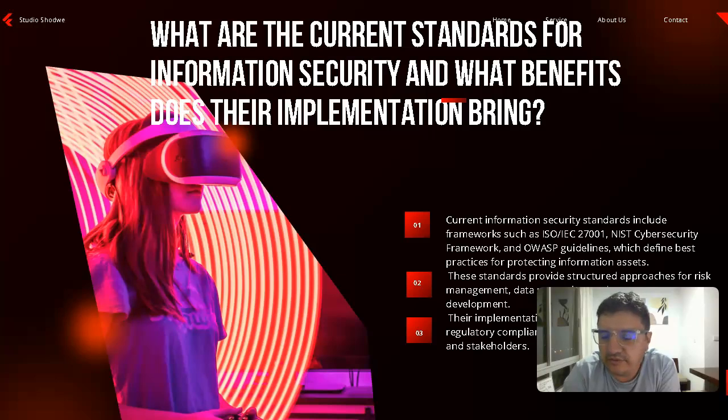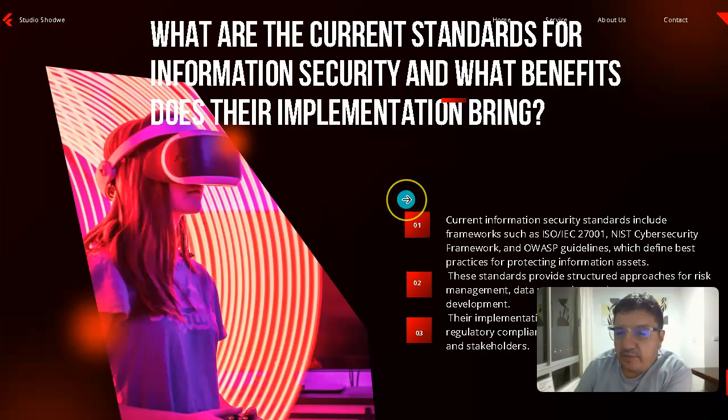Second, these standards provide a structured approach for risk management, data protection, and secure system development. Their implementation improves security posture, ensures regulatory compliance, and increases trust among users and stakeholders.